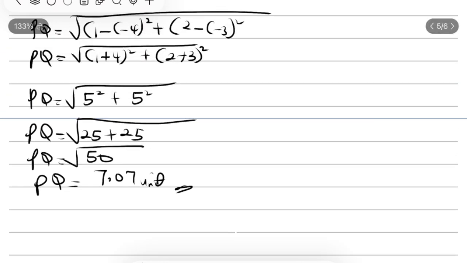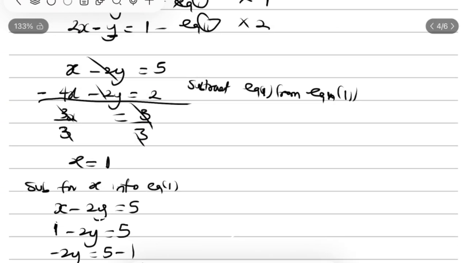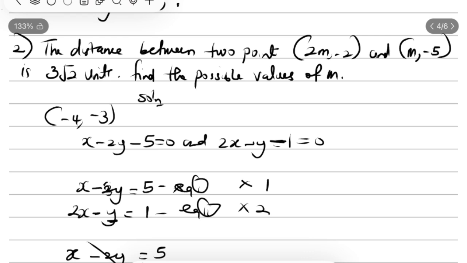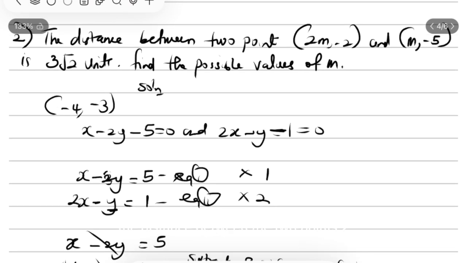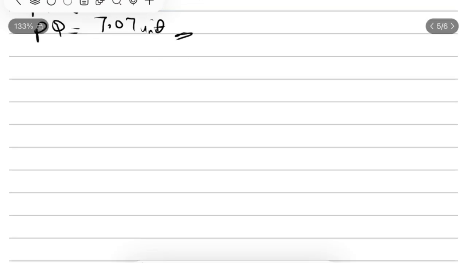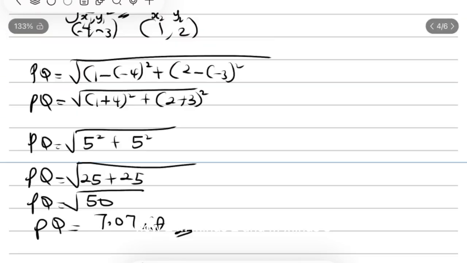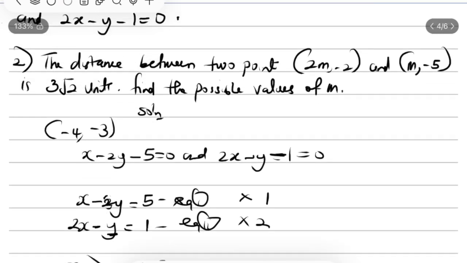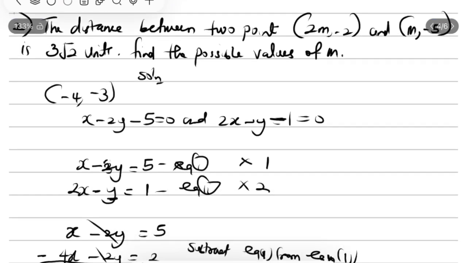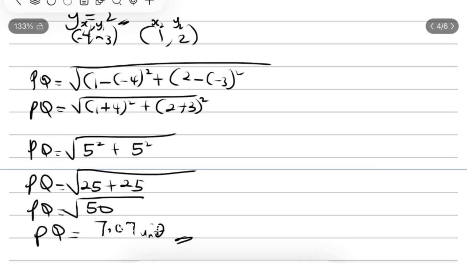Now, the last question we have to solve. We're told to find the distance between the 2 points, 2m minus 2 and m minus 5. For question 2 now, 2m comma minus 2 and m comma minus 5, the distance is 3 root 2.